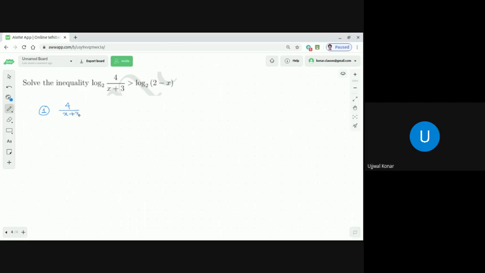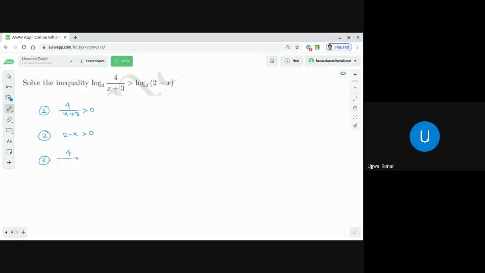Correct, dear students? Otherwise the log function will not be defined. Second, 2 minus x also has to be greater than 0. And third, from the table I discussed today, we are able to confirm that 4 by x plus 3 should be greater than 2 minus x.